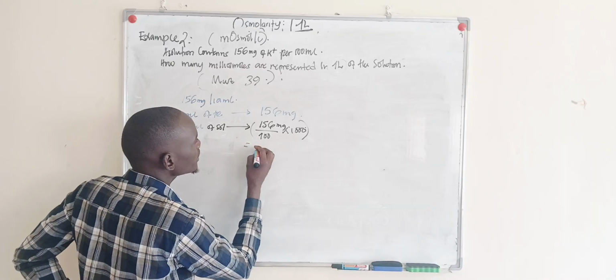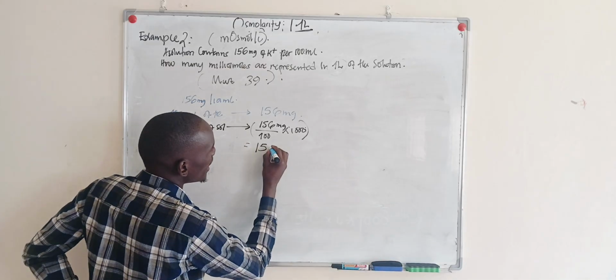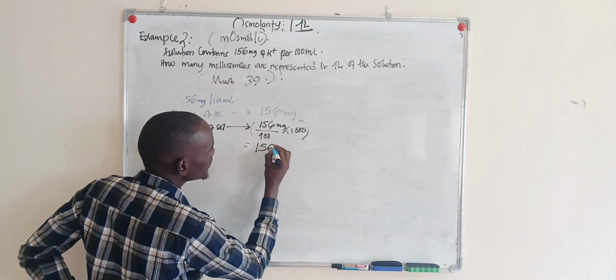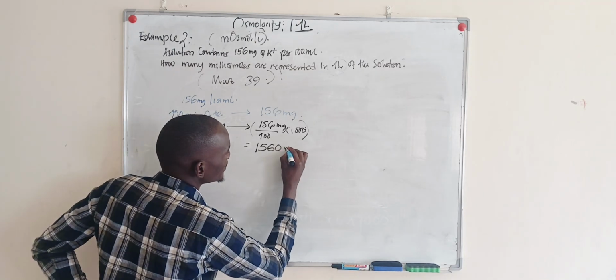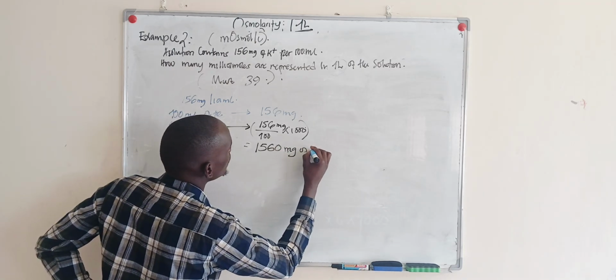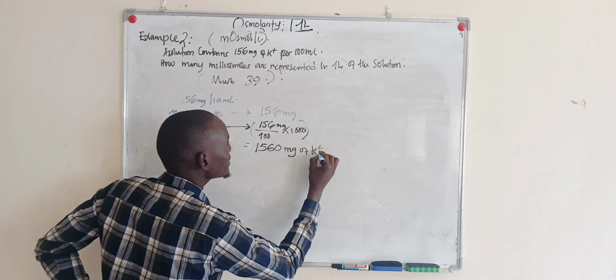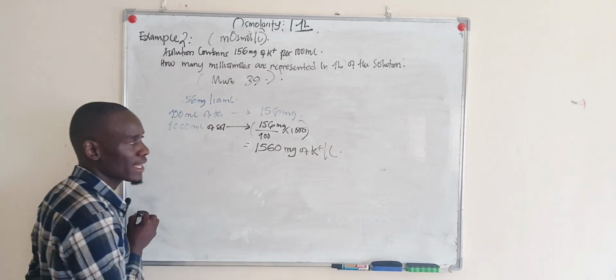And when you compute this, you shall get 1,560 milligrams of potassium ions per liter.